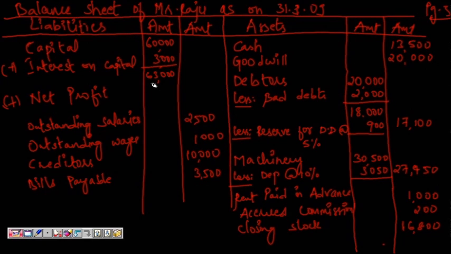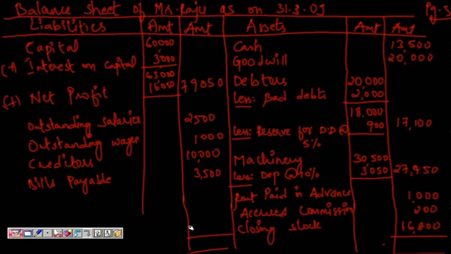So write here 16,050. Now add 63,000 plus 16,050, that is coming up to 79,050. Clear? Now check whether your liabilities and assets are equal. If these two are equal, then your problem is correct.